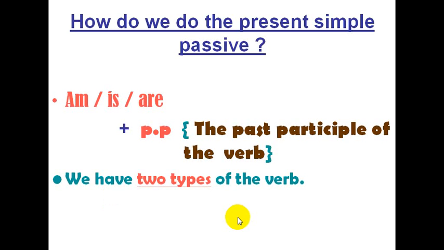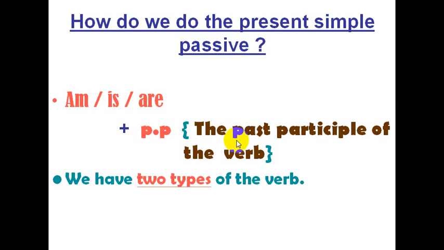How do we do the present simple passive? In the present simple passive, we use am, is, or are plus pp, the past participle of the verb. So we are talking about the verb here, and we should know that we have two types of verb.